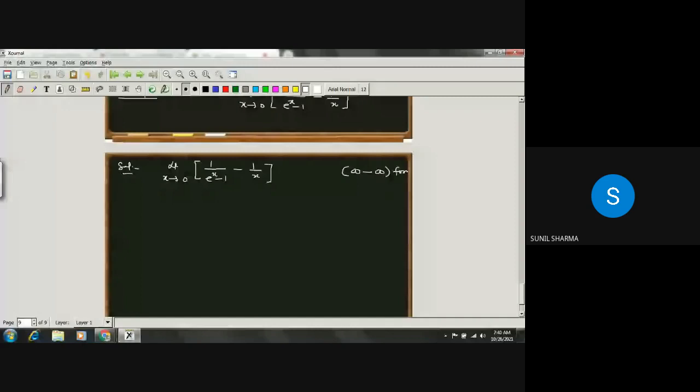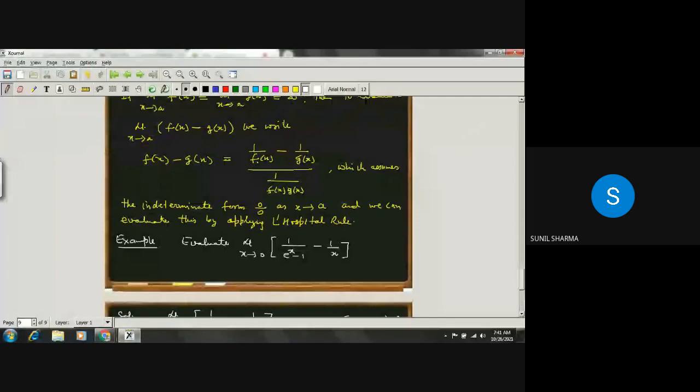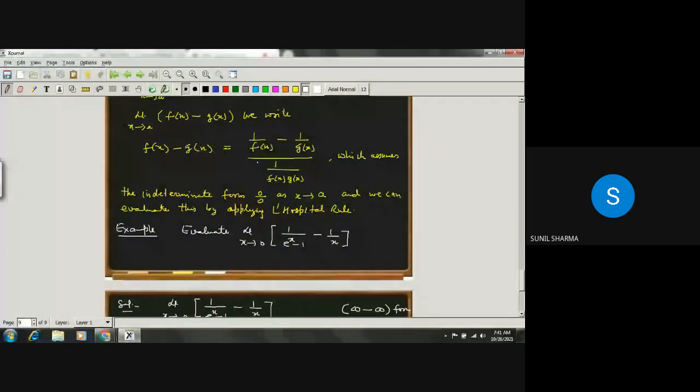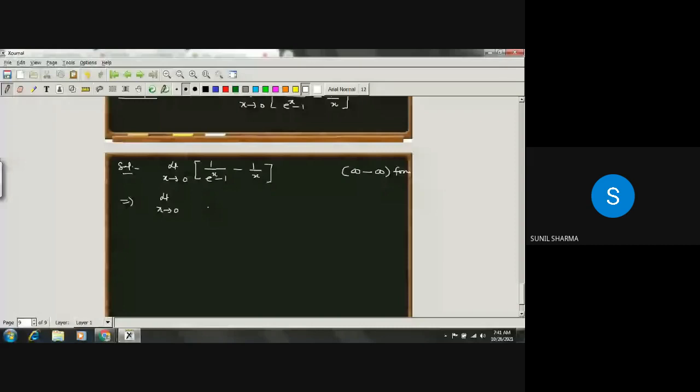So what we do? What is the next step? We try to write in 1 upon fx minus 1 upon gx upon 1 upon fx into gx. It is nothing but the LCM. We can take LCM. X into e की power x minus 1. So we can write this as x minus e की power x minus 1, so it becomes plus 1.